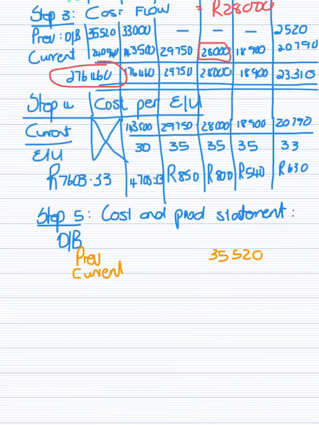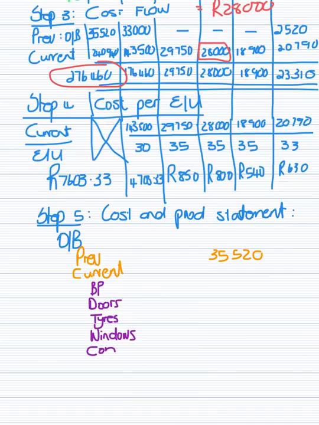Now for the current month's cost, people, we list our material: our body parts, our doors, our tires, our windows, and conversion.